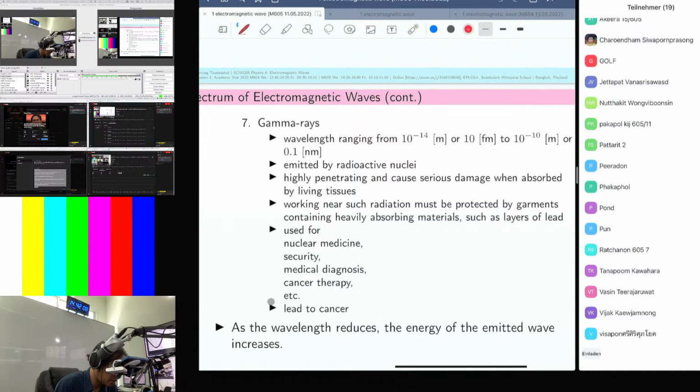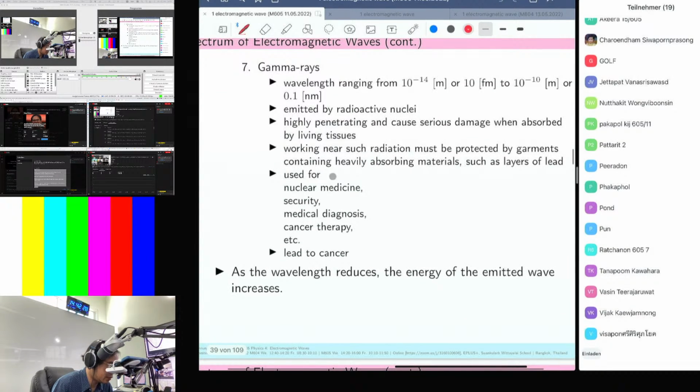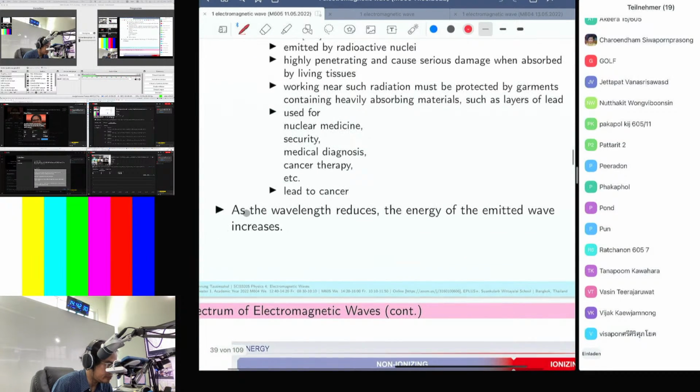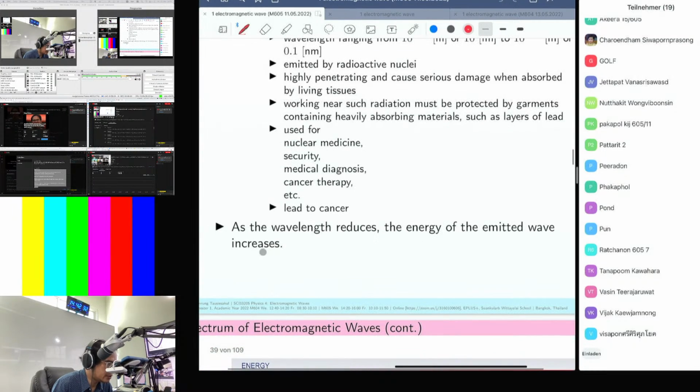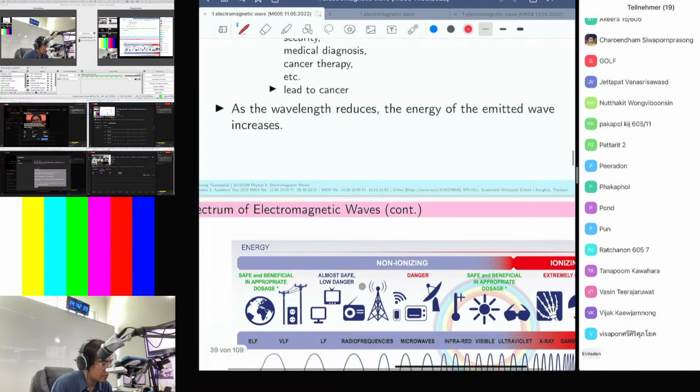To get rid of the cancer, they use gamma ray to make the cells die. Anyway, inappropriate use of gamma ray will lead to cancer. That's the bad thing because it is full of high energy. Anyway, as you can see, when the wavelength reduces, the energy of the emitted wave increases.